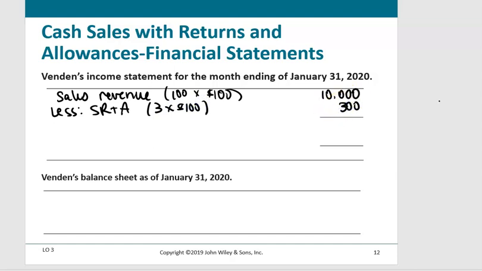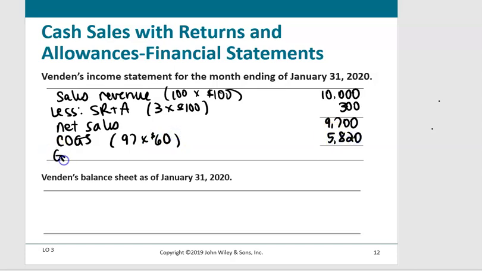And so we can see here, regardless of whether that transaction is cash or receivables, cash or credit, we still have net sales of 9,700. And we still have cost of goods sold, 97 units times the cost per unit of 60, which gives us the same gross profit that we saw before, 3,880.